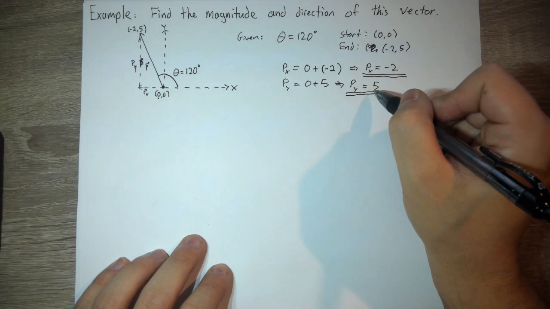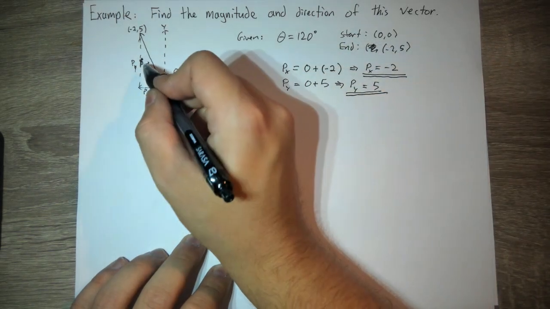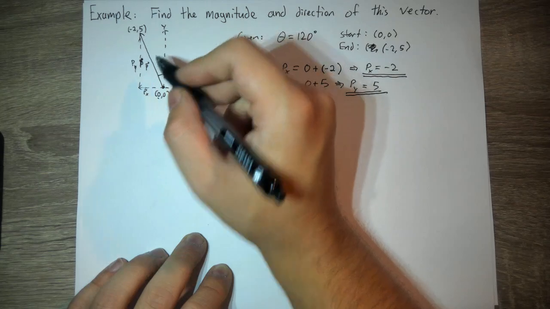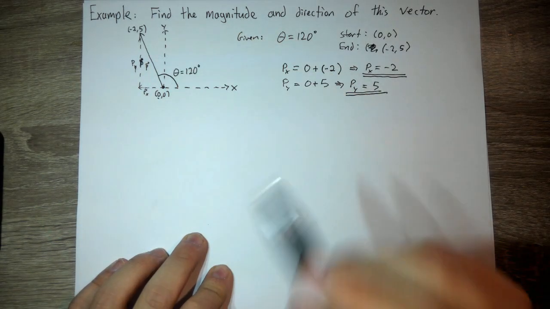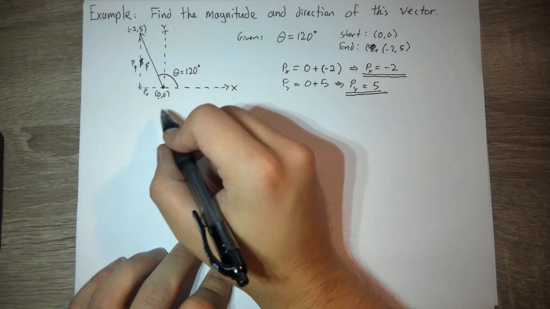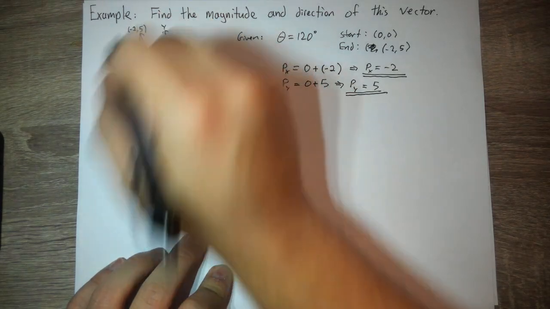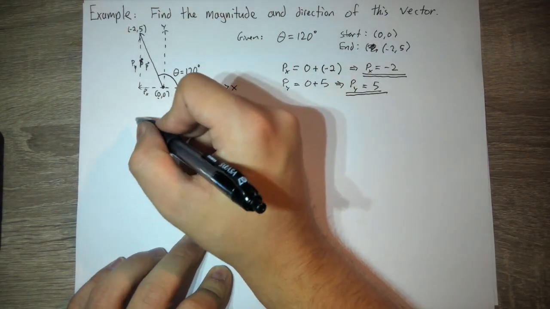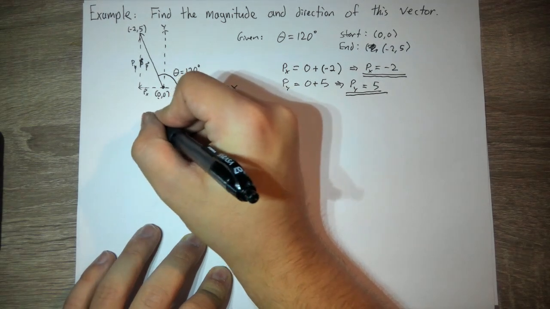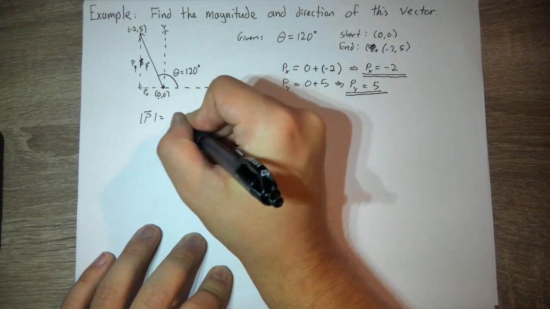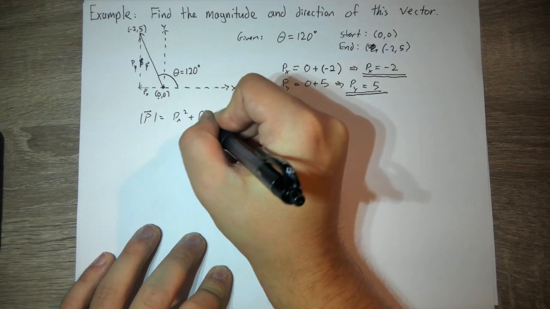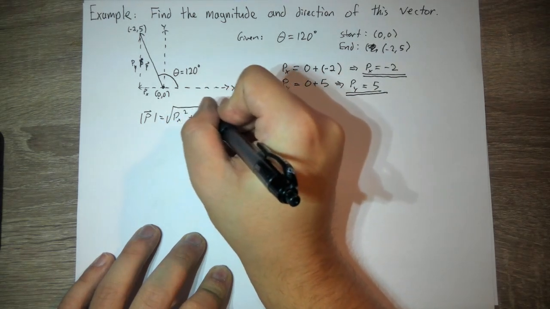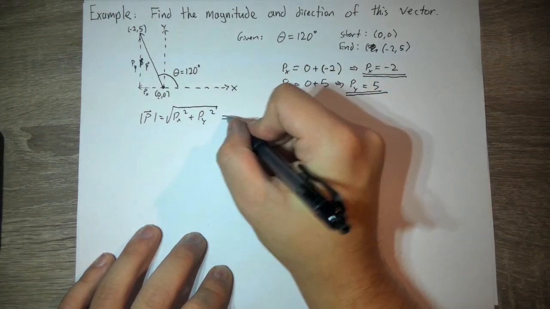Now, notice we have both components, and we're looking for the magnitude of this vector. So knowing both components, how do we solve for the magnitude? Well, the easiest way would be to use Pythagorean's theorem, like so.